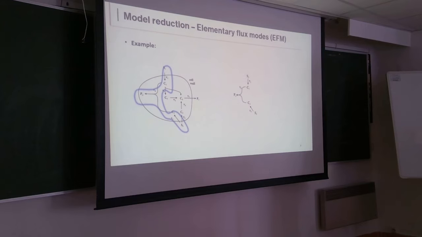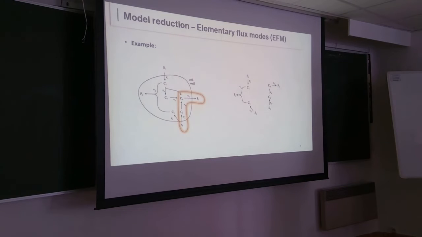So here we have one EFM. We're gonna consume the substrates S2 and S1 and produce the product P2. Here it is actually just one reaction, C2 and C3 produce P2.